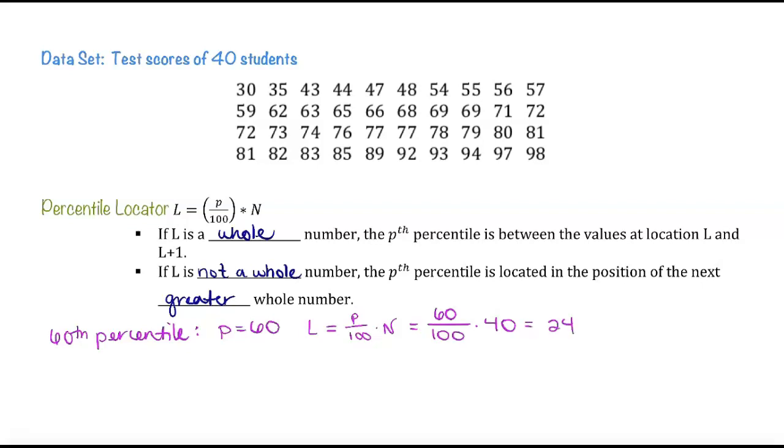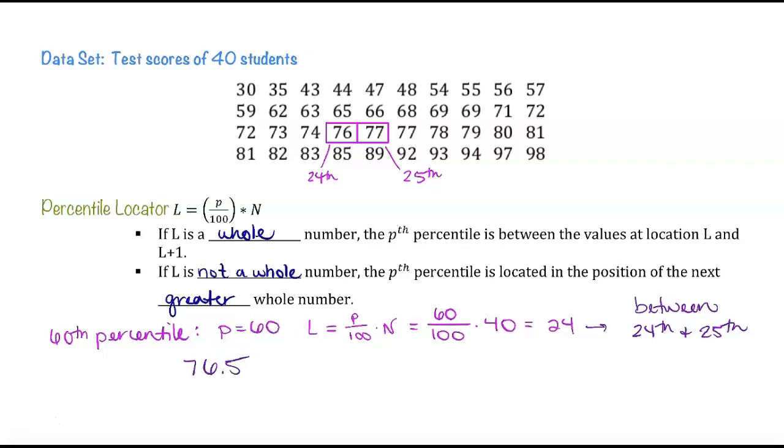And since our L is a whole number, 24, we know that the pth percentile will be between the 24th and 25th data values. Looking at our set of data, listed from least to greatest, the 24th data value is 76, and the 25th data value is 77. So the 60th percentile is right between 76 and 77, or 76.5.